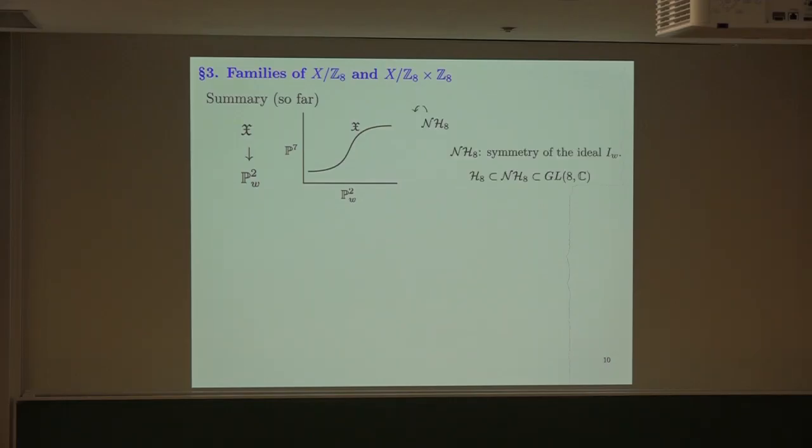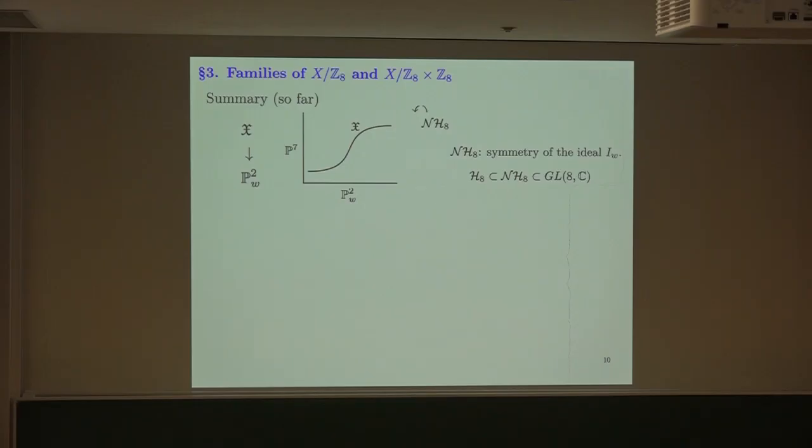And then I said that the Heisenberg group acts on each fiber. In this picture, just a point, but the point is supposed to be a complete intersection, or a small resolution of that, where there is a natural free action of the Heisenberg group.